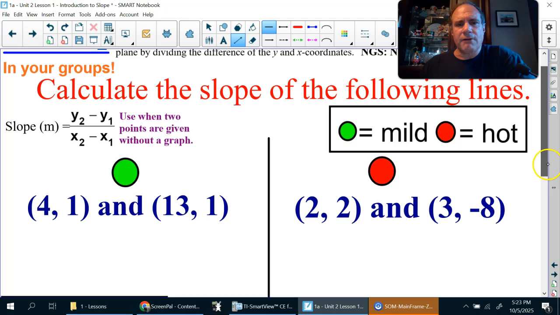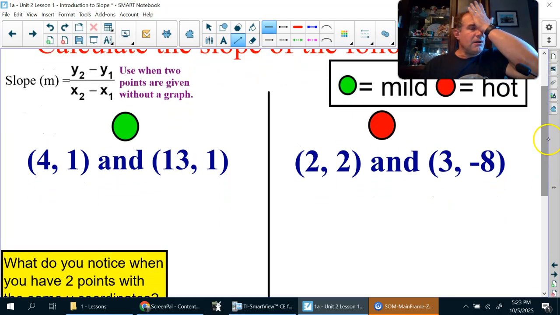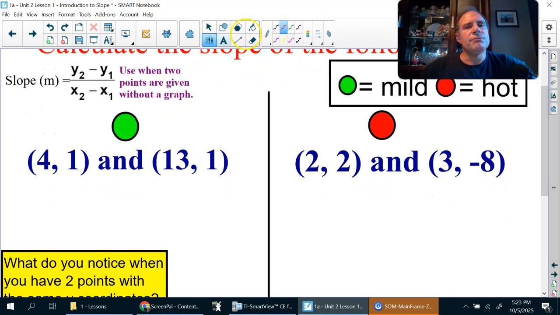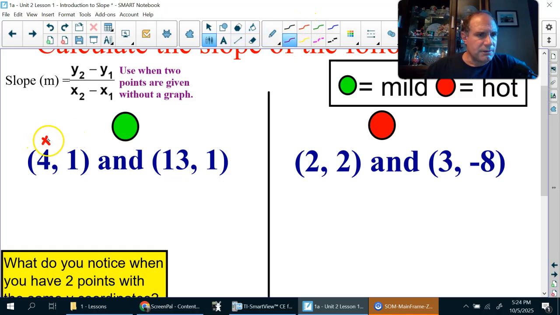All right, now it says calculate the slope of the following lines. Remember, you have to label first x1, y1, x2, y2. Since the formula is right up there, I'm not going to rewrite it.